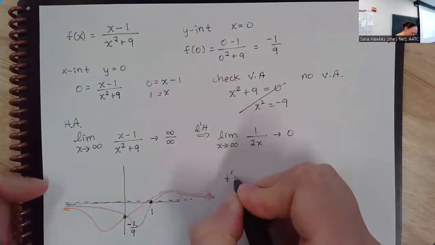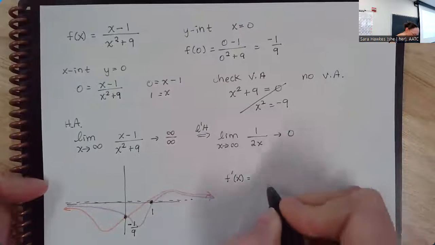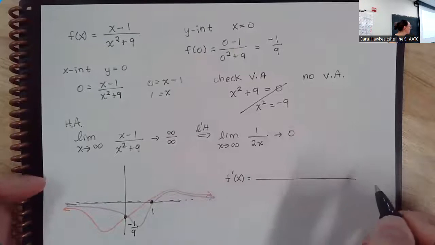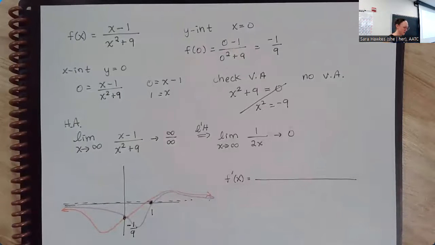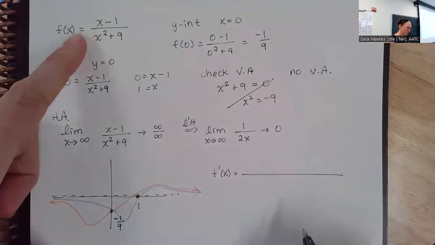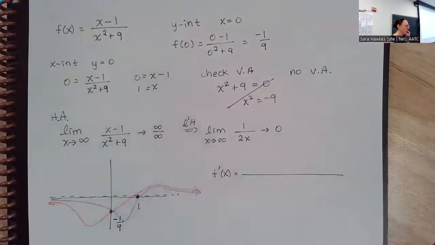Which means I need to find my derivative to look for critical points. So I'm looking at a quotient rule. Question? Why is there 2 lines in it? Well, I don't know which one it is without doing calculus. So this is not my real graph. This is my in-the-meantime graph.